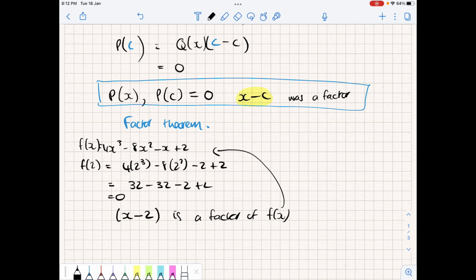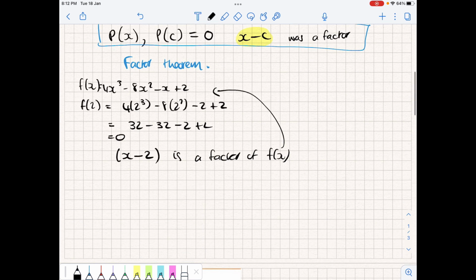Now, this idea can be extended because linear factors don't just have x minus 2. They can also be in the form of something like ax plus b, where a and b are constants. All right. So if we had to solve it, remember when we're solving quadratic equations, we make that factor equal to 0. If we had to make this equal to 0, we'd see that the solution would be x equal to minus b over a.